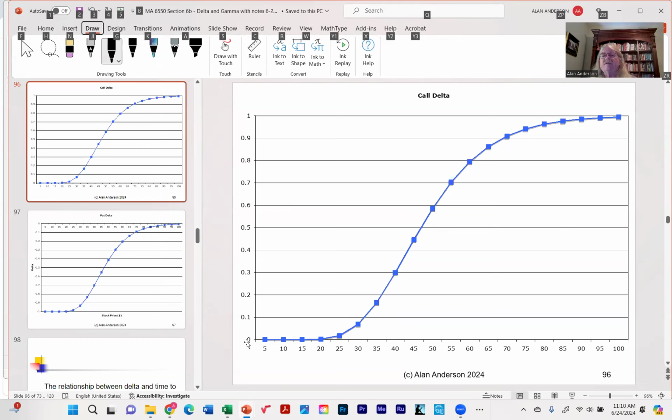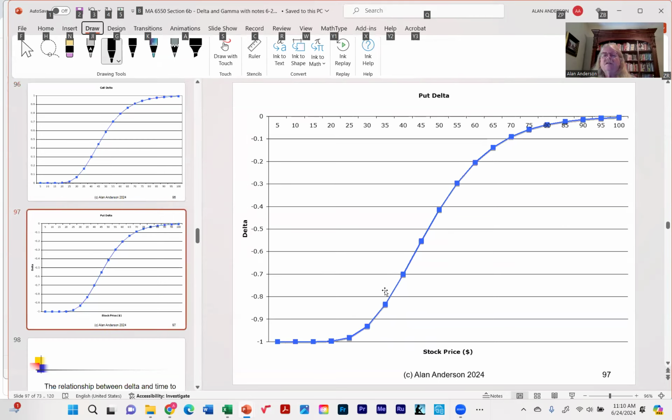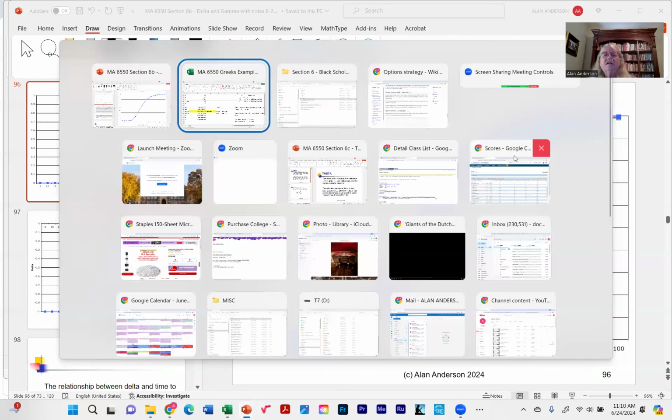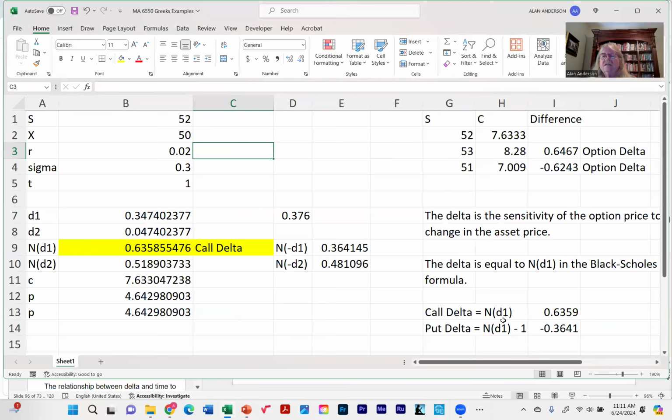You see at the bottom, it's bounded from below by 0 and from above by 1. The put delta is bounded from below by -1 and from above by 0. Now, if you notice the shapes are identical, that's not a coincidence because they only differ by a constant. That's an important detail. We'll see why in a bit.